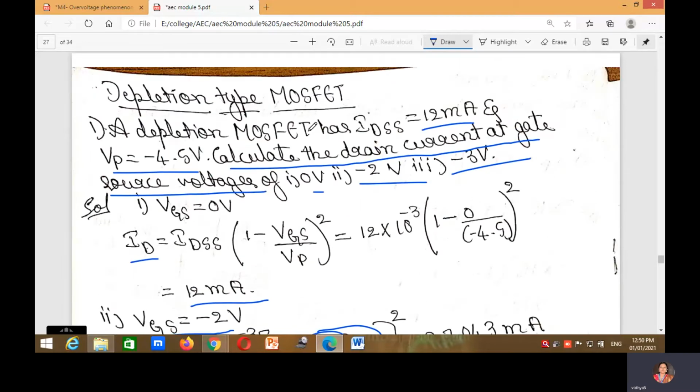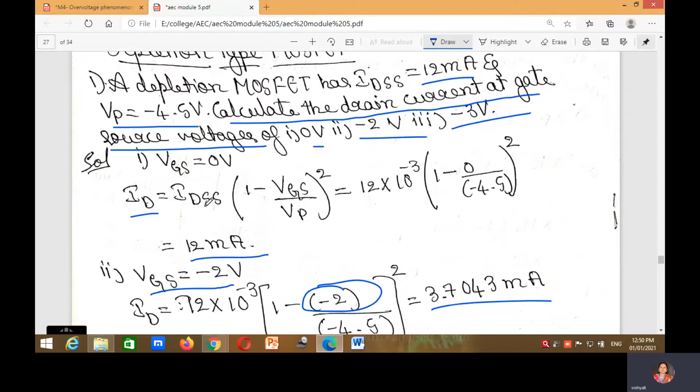Next, depletion type MOSFET. A depletion type MOSFET has IDSS equal to 12 milliamps and VP equal to minus 4.5 volts. Calculate the drain current at gate source voltages 0, minus 2 volts and minus 3 volts. We know the equation ID is equal to IDSS times (1 minus VGS divided by VP) whole square.